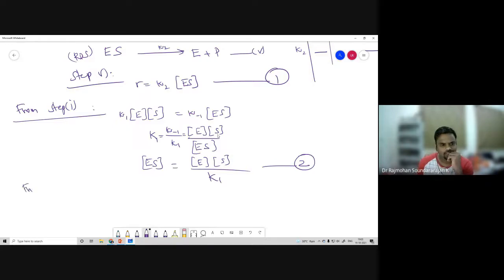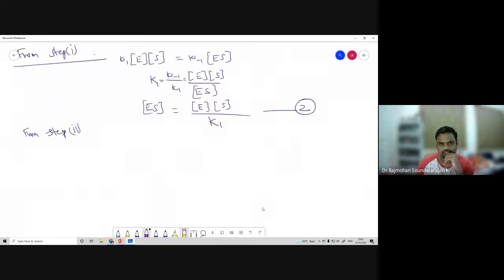Then from step 2, similarly we will get EI equal to E into I by Ki. You can write that yourself, please write. We have Ki into E into I equal to K minus I into EI.